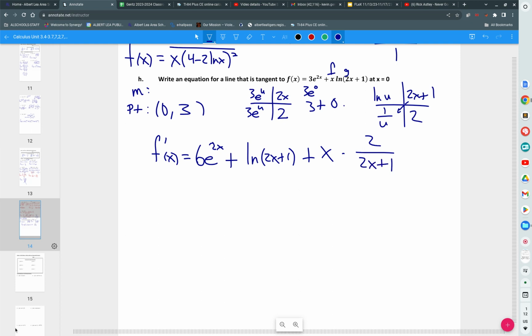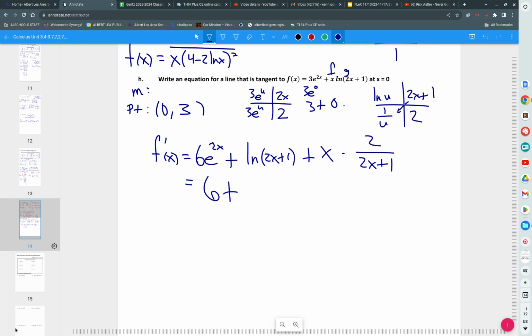Is the problem asking me to write this in simplified form? No, it's only asking me to produce a slope. So what should I do? Just plug in 0 at this point and see what happens. E to the 0 is 1, times 6 is 6. If I plug in 0 here, I get the natural log of 1.